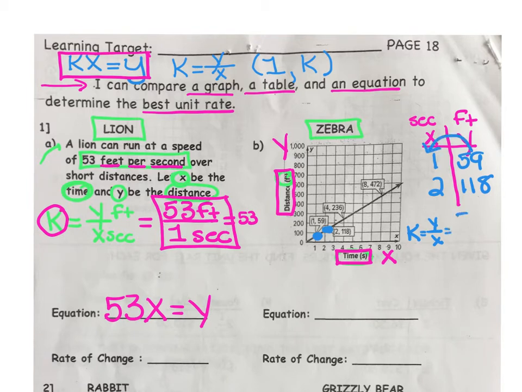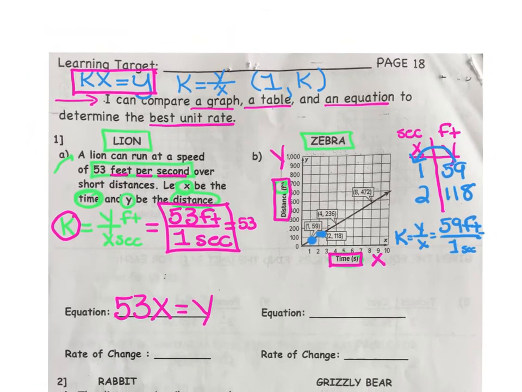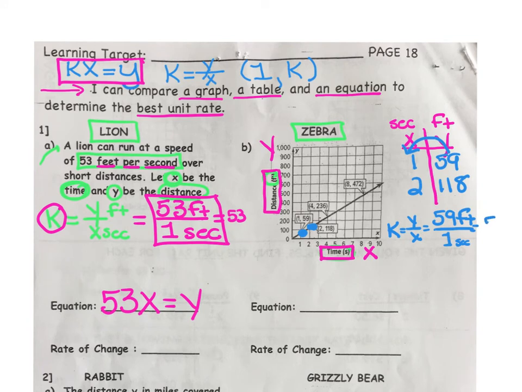And we can label that 59 feet per 1 second. And if we divide and get rid of all the units, we see that the k rate is 59. But let's think about what we have here. That means the zebra can cover 59 feet per 1 second.